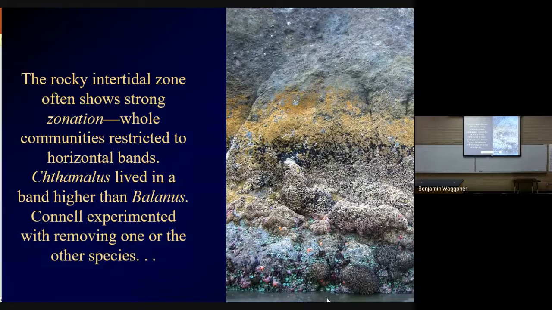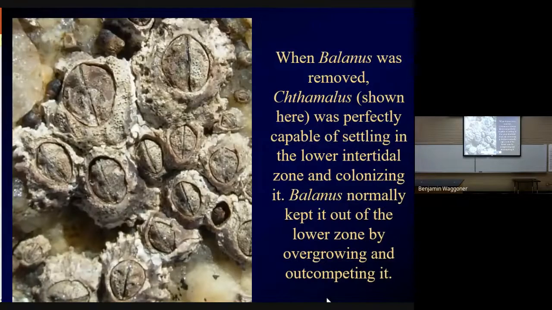Anyway, Connell in Scotland experimented. He took little patches of rocky coast and took a chisel and removed one species or the other. What happened was that when Balanus was removed, Cathamulus, which is the one you're seeing here, was perfectly capable of colonizing places where Balanus had been removed. Normally, Balanus settled in the lower intertidal zone, and normally it could outcompete Cathamulus.